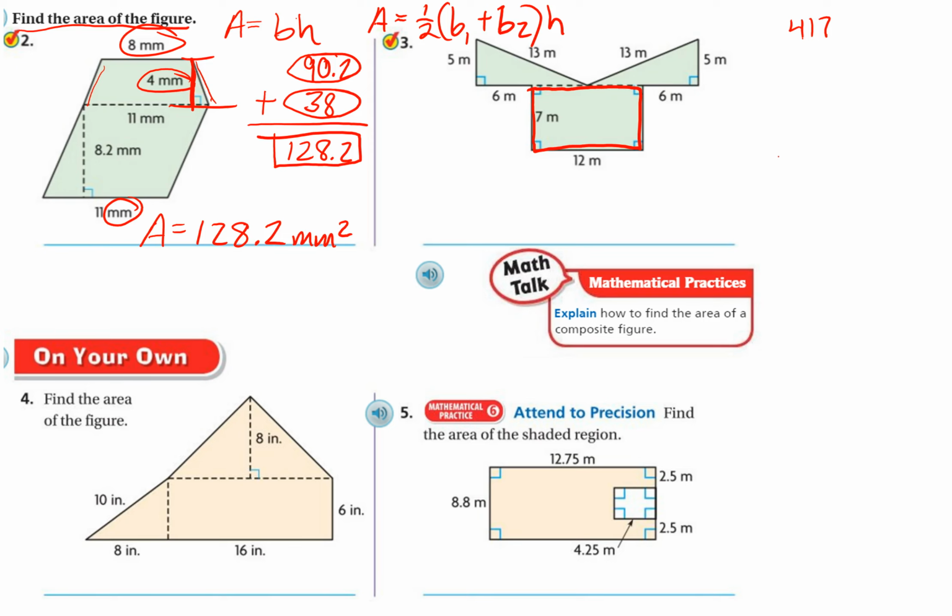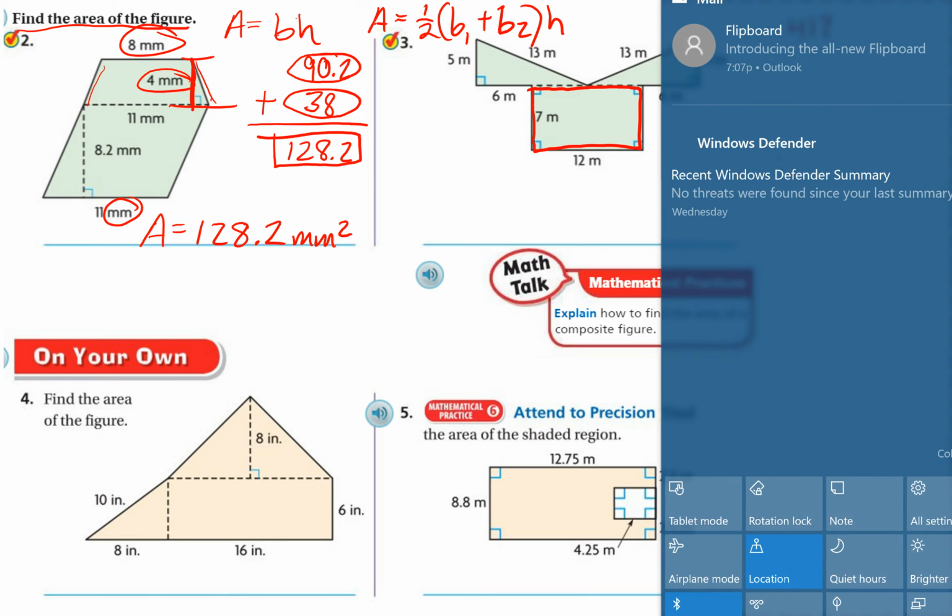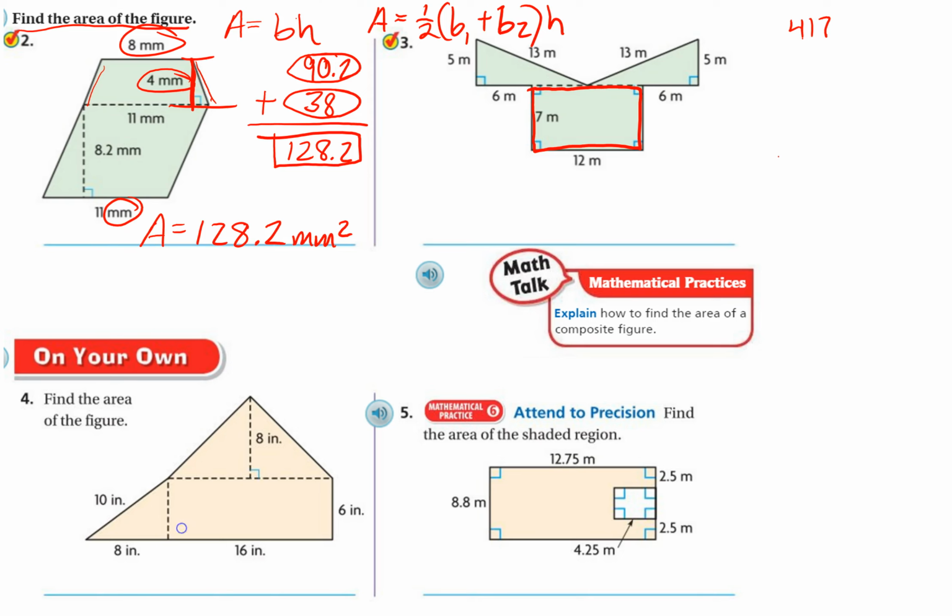So we have a rectangle there, so I'm going to be finding the area of the rectangle. I have a triangle here, so I'm going to find the area of that triangle, and I have a triangle here, so I'm going to find the area of that triangle. Now these 2 triangles are congruent, same size, same shape.